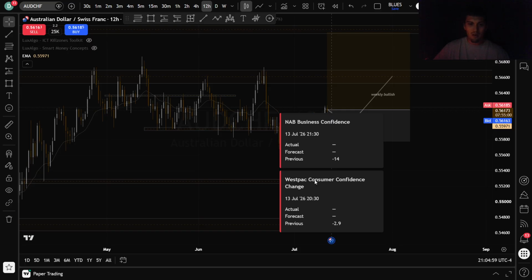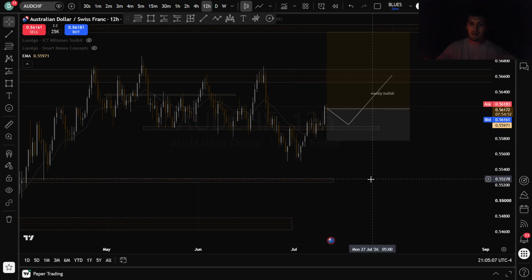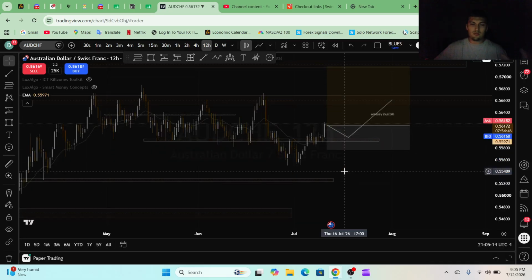And then we have the Westpac consumer confidence change, which should be pretty big. So typically, since we have red folder news, meaning that there is a big financial news category dropping tomorrow, I don't know if I will want to take this trade tonight.